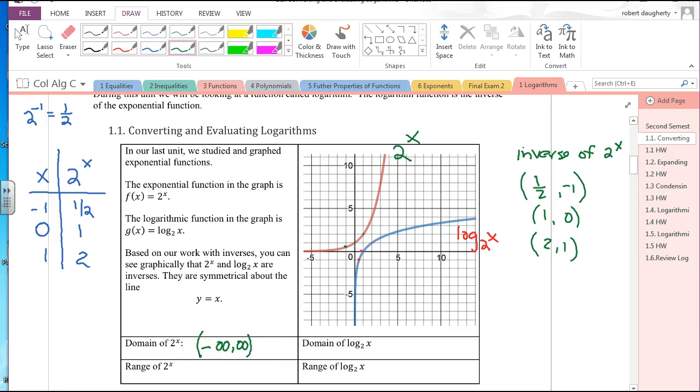It's the only time I ever look at the y-axis for an interval. So looking at the red graph, are there any y values down here? I don't get y values until I get to where? 0, and I keep having them until I get to infinity. So that's the domain and range of 2 to the x. Now, if log base 2 is the inverse, what's the relationship between domain and ranges of functions and their inverses?